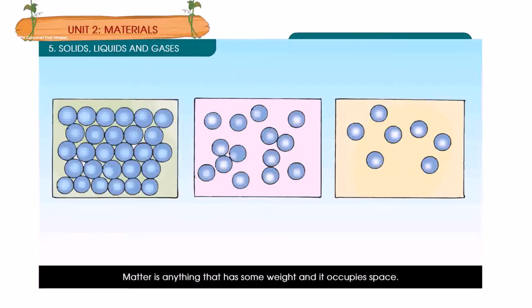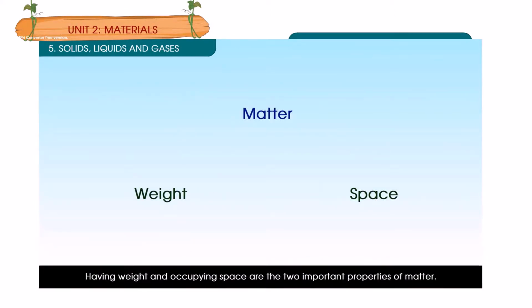Matter is anything that has some weight and it occupies space. Having weight and occupying space are the two important properties of matter.